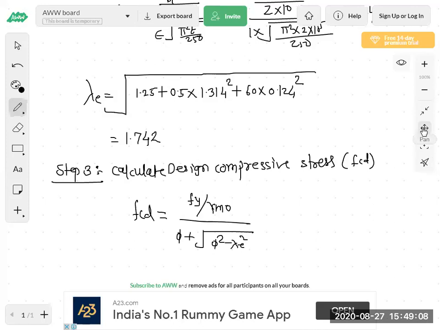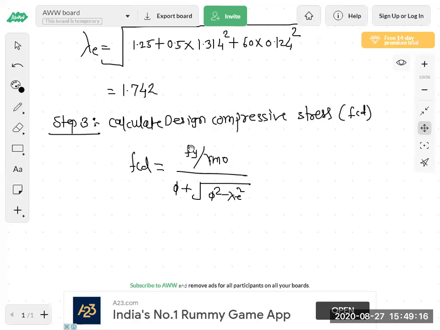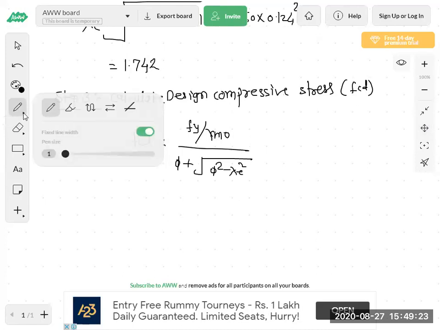Here the only unknown is phi. In the FCD formula, the only unknown is phi, so we will calculate phi first.